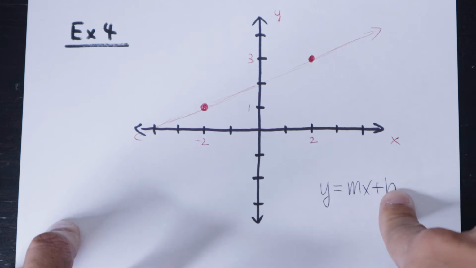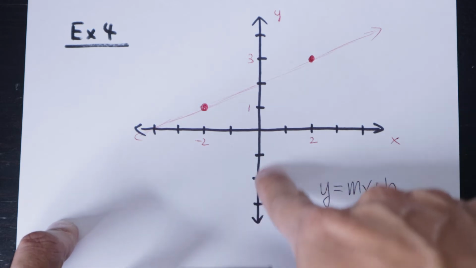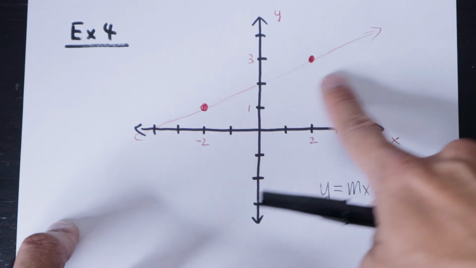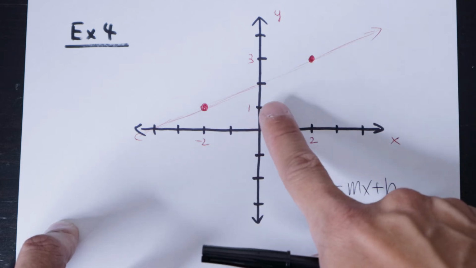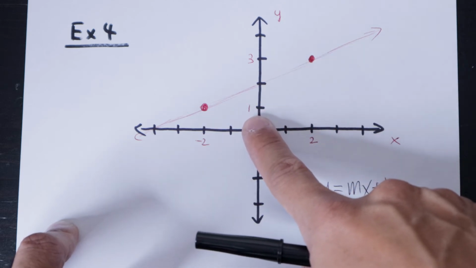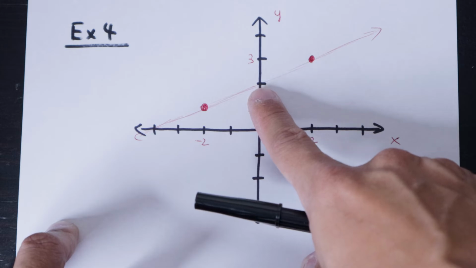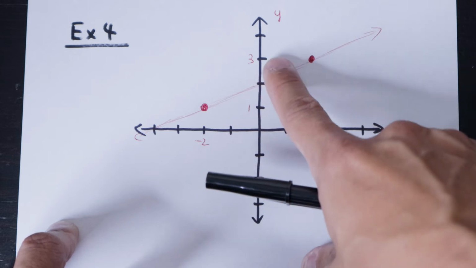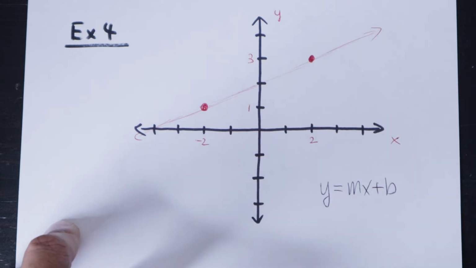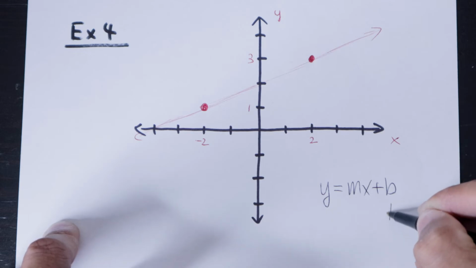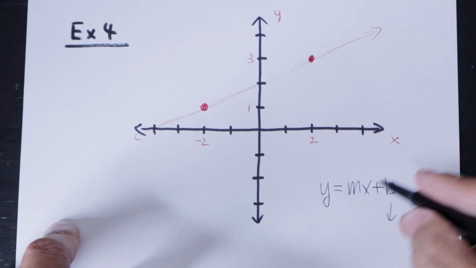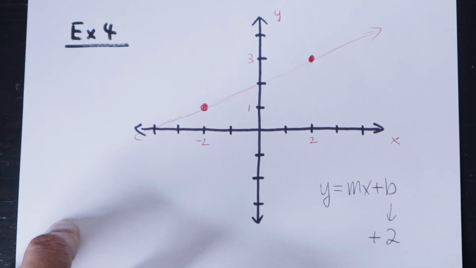To find b, which is the y-intercept, we look at the y-axis and see where the line crosses the y-axis. Well, it's not at 1, it's not at 3, but it's at this tick mark, which is between 1 and 3. So the y-intercept is 2. That way we know that the b in the equation is positive 2.